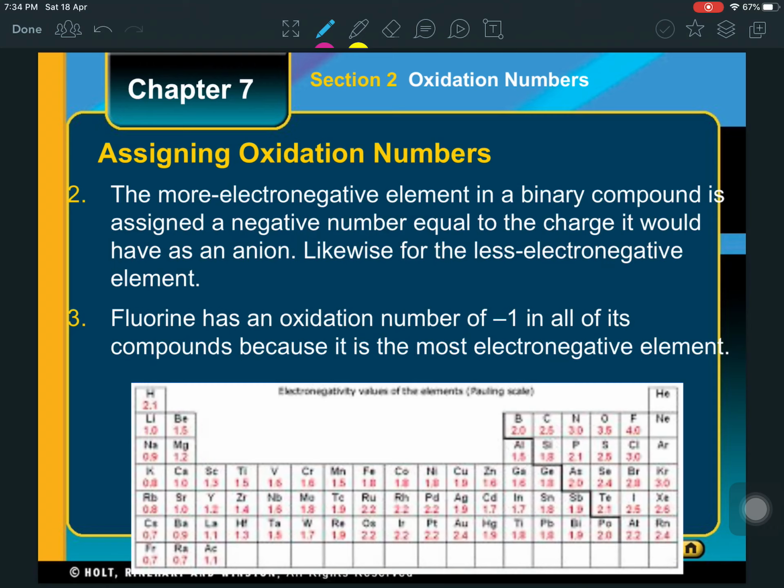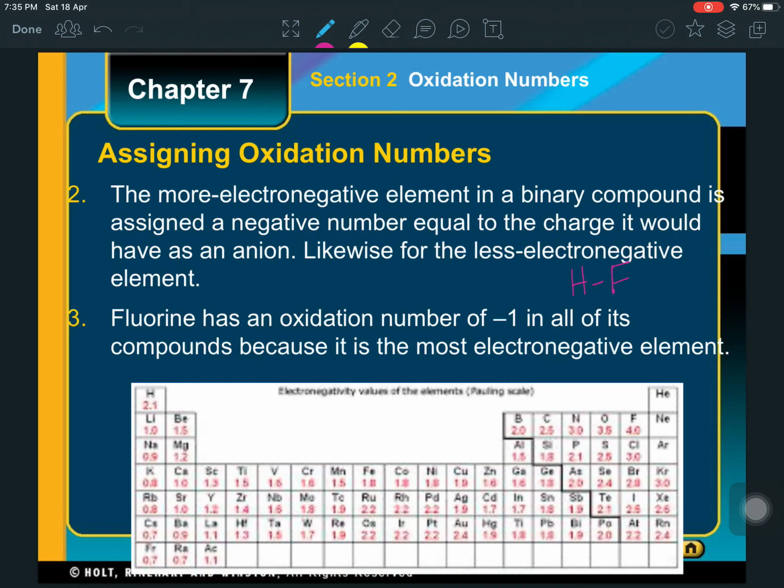All right, so the next rule, the more electronegative atom in a binary compound is assigned a negative number equal to the charge that it would have as an ion. Okay, so if I ever had a compound, for example, let's say HF. This is hydrofluoric acid. You guys remember learning about that in the binary acids.